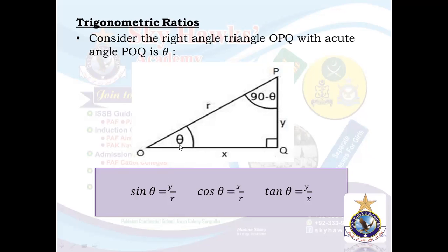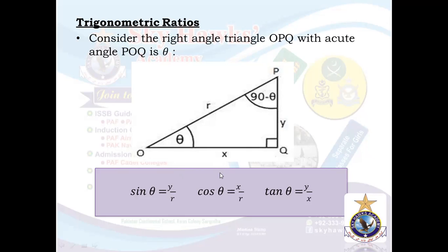So keeping that in mind, sine theta is y over r, opposite over the hypotenuse. Yes, absolutely right. Now cos theta is the adjacent over the hypotenuse.